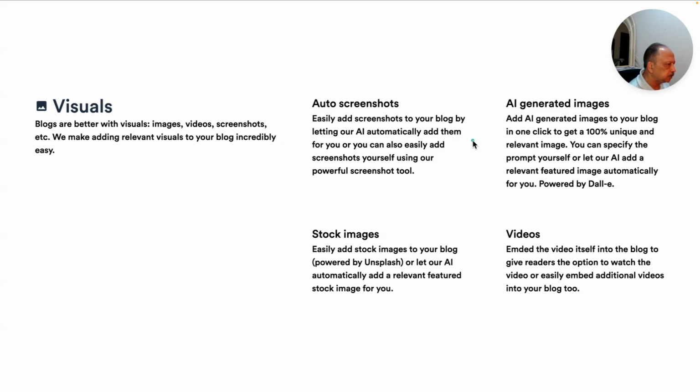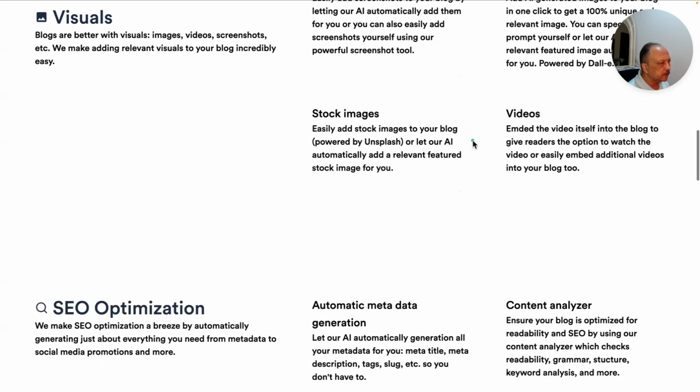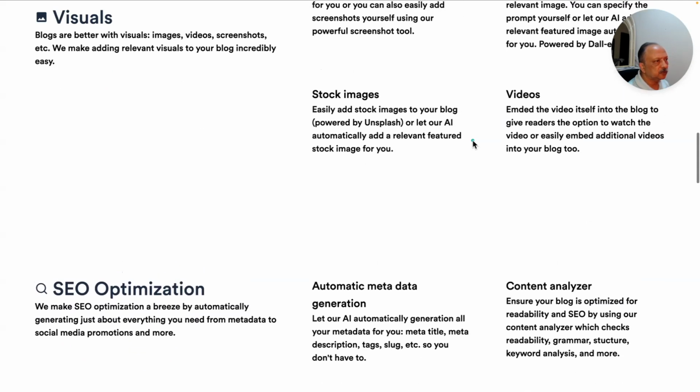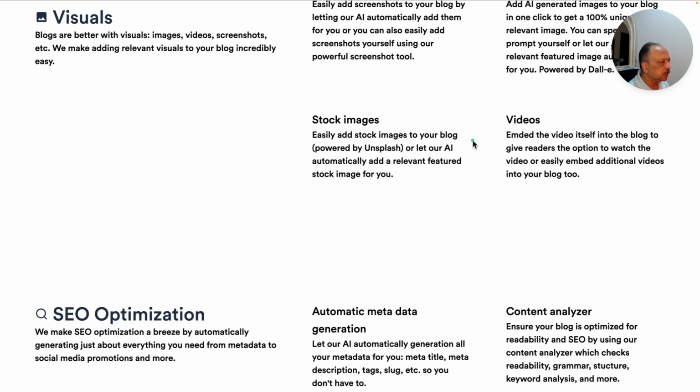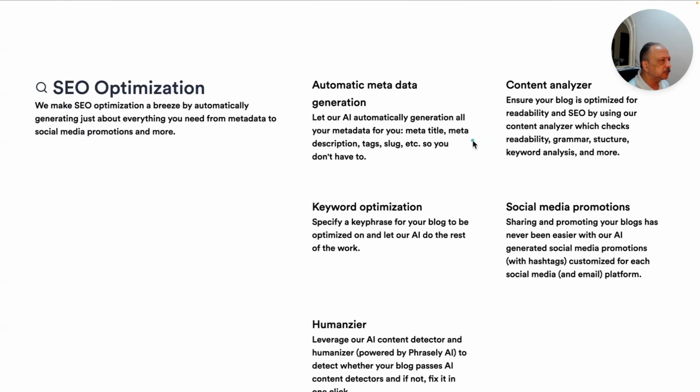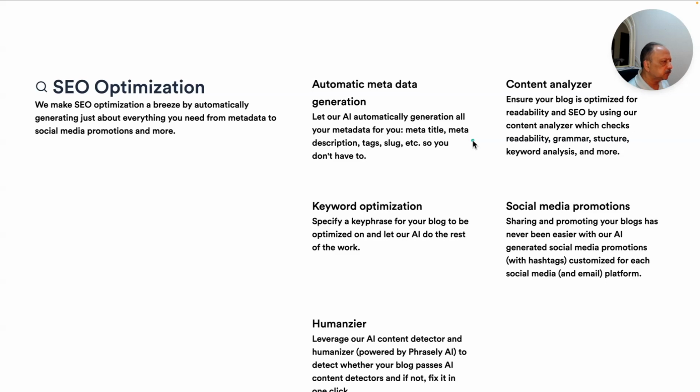which I have not tried because my use case is just taking the screenshots of my own YouTube video so far. Stock images, I haven't tried again, but that should be good. Videos, you can embed videos itself, and then SEO optimization, as I showed you, content analyzer, automatic metadata generation, keyword optimization, social media promotion, humanizer.